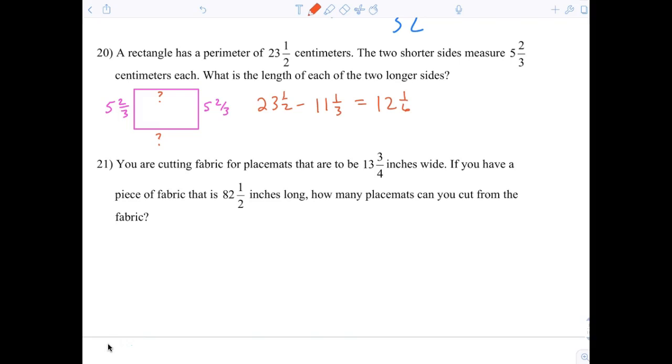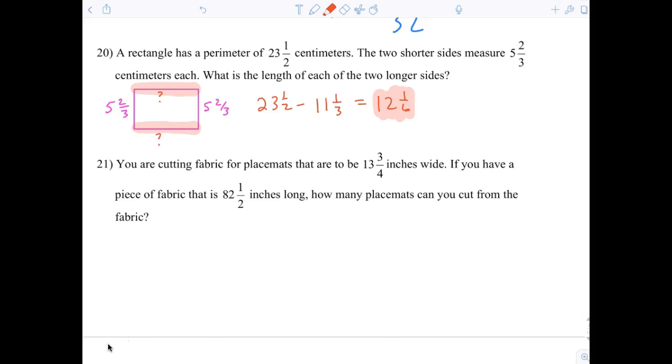Now that 12 1/6, Carter, represents what? It represents that missing side, but it doesn't represent just one of the sides, it represents both of the sides. That's why now what do you have to do?